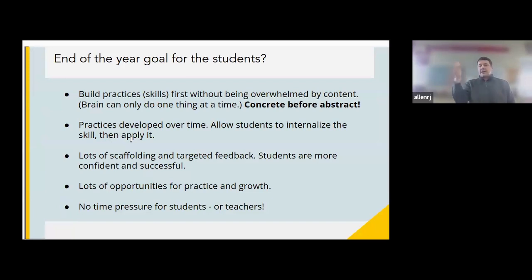They're trying to think about the content, and they're trying to think about the skill. We want the concrete before the abstract. So it's so nice to have it set up like that. And then the practices are developed over time, and it allows the kids to truly understand what that skill is and how to apply it. And then the feedback can be so targeted.